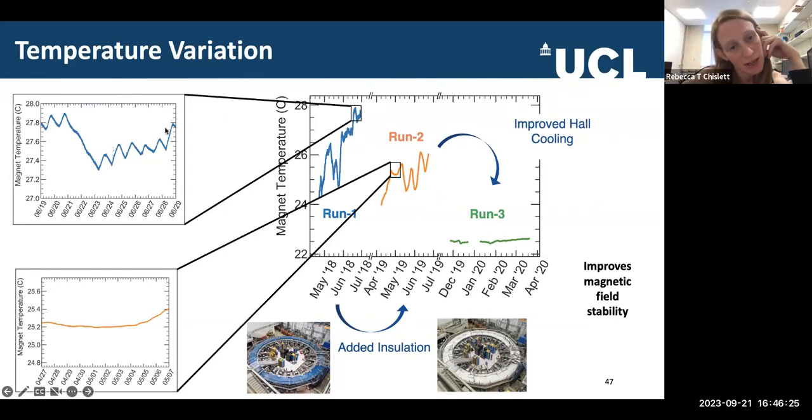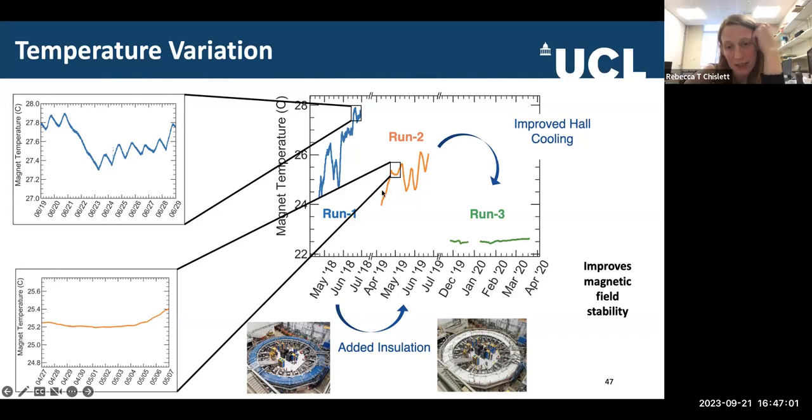Then we also had problems with the stability of the temperature in the hall. You can see in run 1, the temperature in the hall changed a lot, and this resulted in the temperature of the magnet changing considerably, which makes the measurement of the magnetic field much more complicated. In run 2, we added insulation around the ring. You can see in the photos at the bottom that it was blue, and then we put the insulation in white.